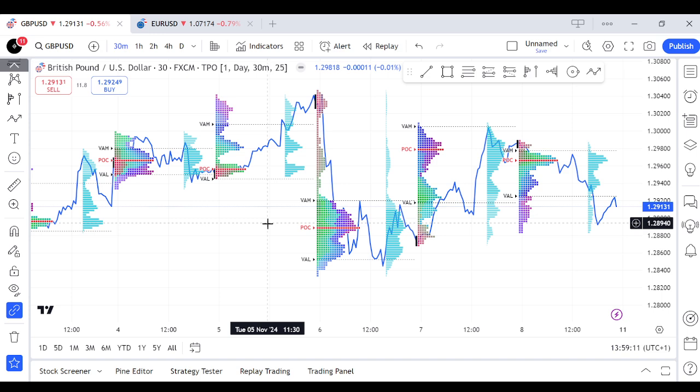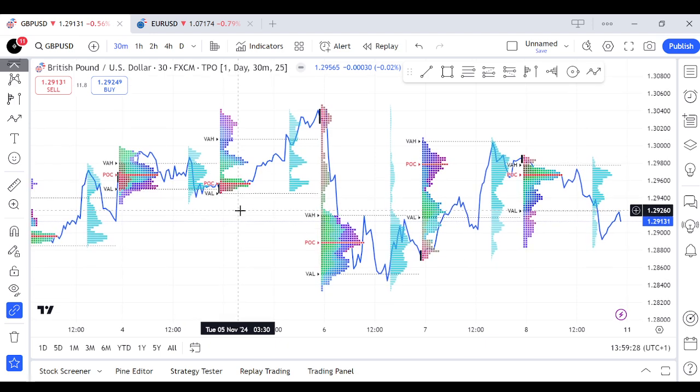This is the building block of market profile. Each TPO, which is time price opportunity, represents a specific price level traded during a set time interval, usually 30 minutes.